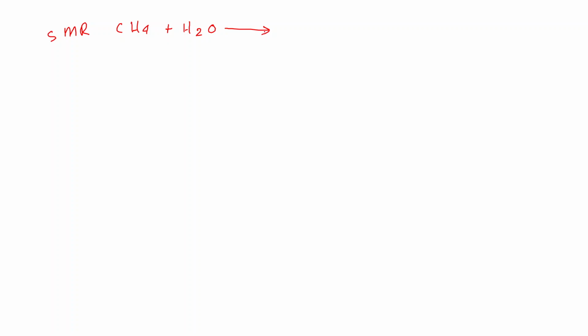Just to remember the steps. This is the SMR reaction, and this is my water gas shift reaction. In the water gas shift reaction, carbon monoxide plus H2O, carbon dioxide will be produced, and also hydrogen gas will be produced.